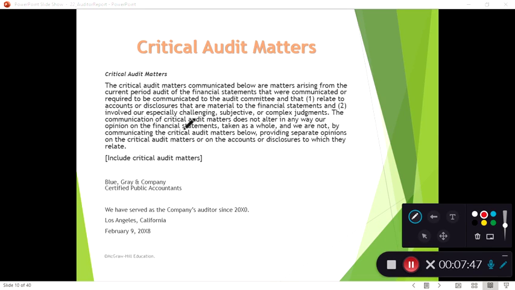Now this next section is a relatively new section. This talks about critical audit matters. And so this is all new here. In the past, auditors, all they had to do was kind of what we saw before. Here's the scope, here's our opinion, here's how we formed the opinion, boom, that's it.